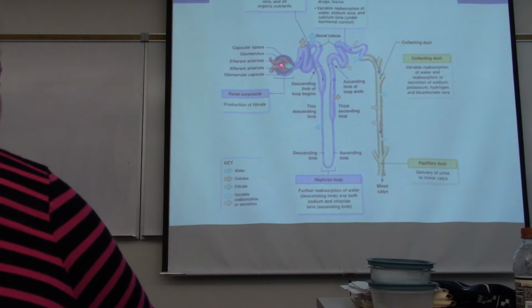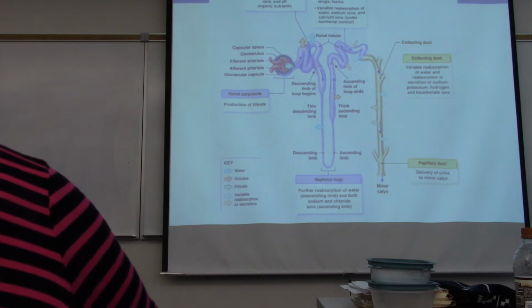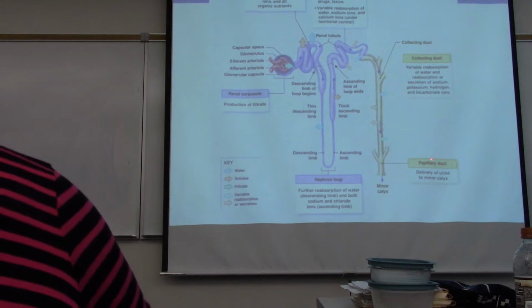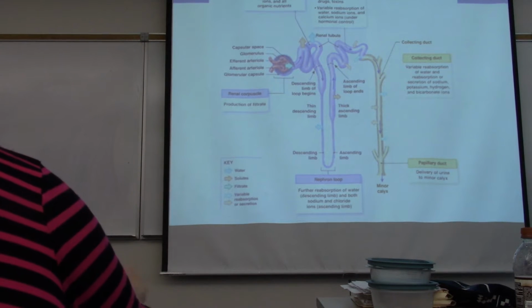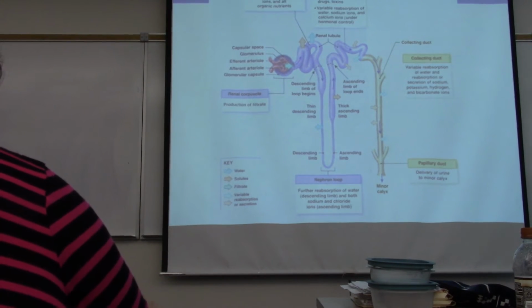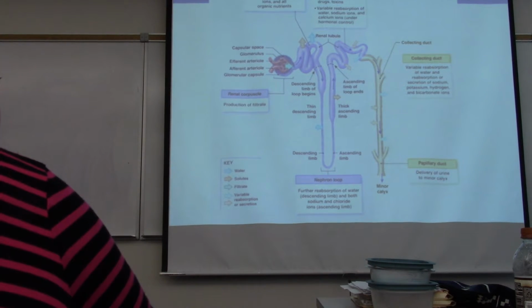I mean, it's one corpuscle, one nephron, one set of tubes until they get down here to the collecting duct, and then a whole bunch of different nephrons may contribute to the same collecting duct in order to make its way out. It turns into what's called the papillary duct when it's in the papilla, the pointy thing of the deal, and then on out in the minor calyx. And once it gets to this point right here, we call it urine. Okay, up until that point, it's just been what we call filtrate.